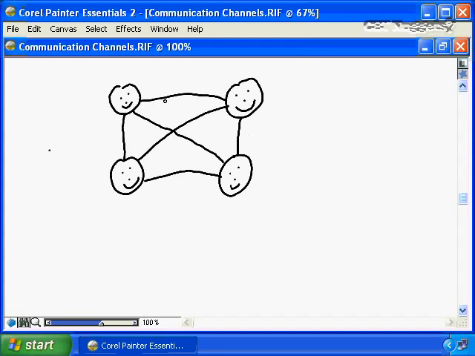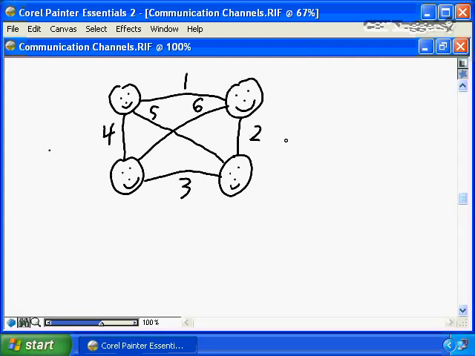We see we have a number of communications channels. If we look at the communications channels, we see we have 4 around the outside edge and 2 across the diagonal, resulting in a total of 6 separate communications channels, 6 separate communication paths, assuming that each and every one of these project participants needs to talk to each and every one of the other project participants.